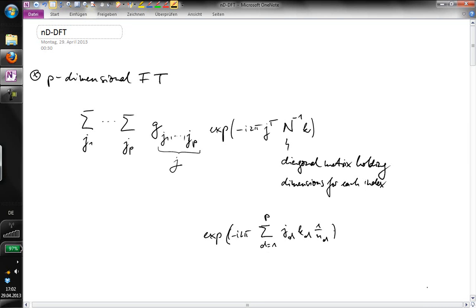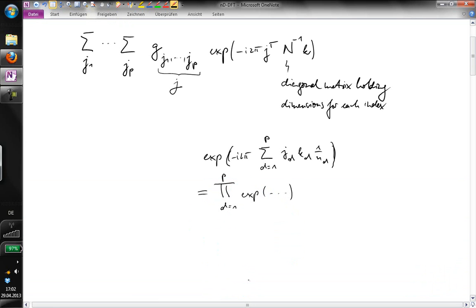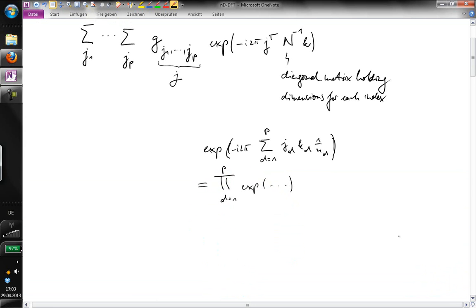And an exponential of the sum is the same as a product of exponentials. So I can say this is a product of appropriately formed exponentials, and it's this form that I'm using now to reorder the summations. In particular, I'm starting first with the summation over just J1. J is again a full vector of indices.